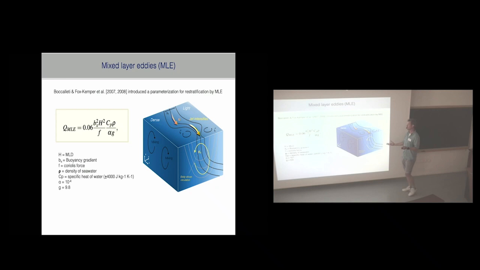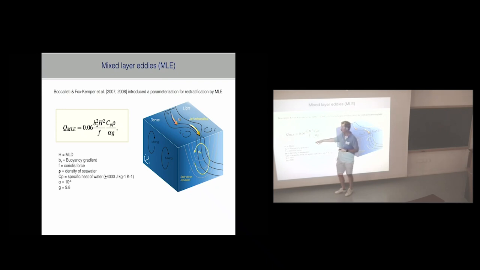Now, what was extremely useful for the community is that Boccaletti and Baylor Fox-Kemper introduced a parameterization for mixed layer eddies. I'm introducing a relatively simple equation by which we can quantify the effect of mixed layer eddies as an equivalent heat flux.